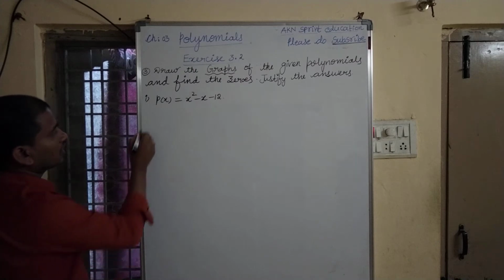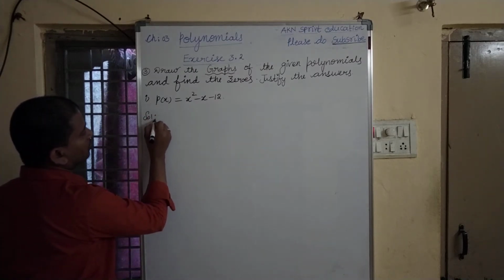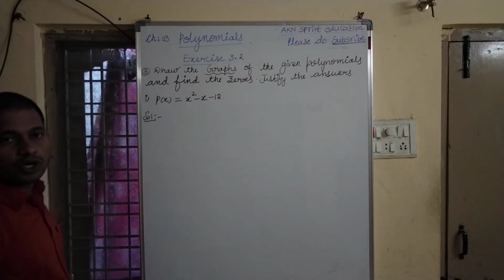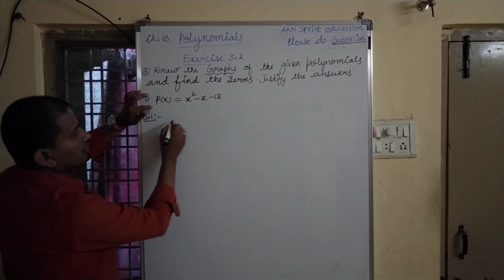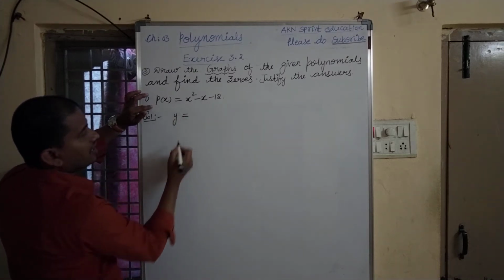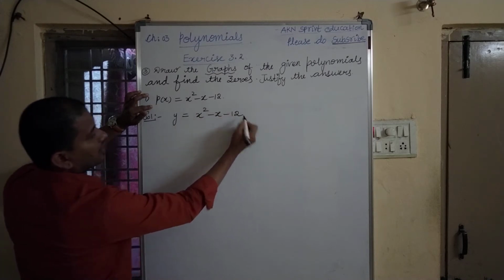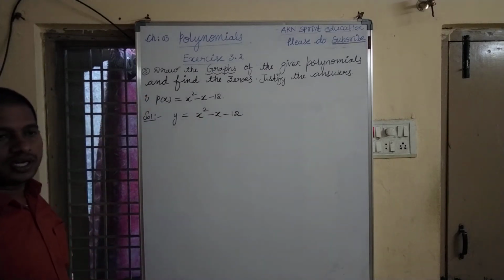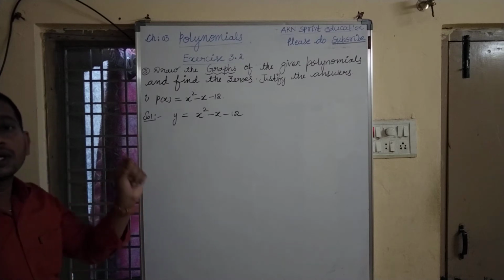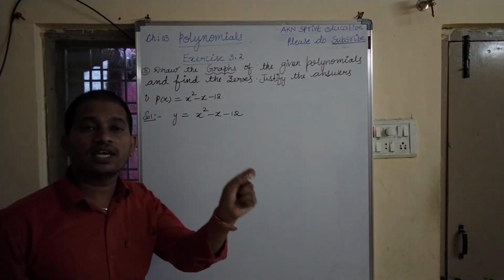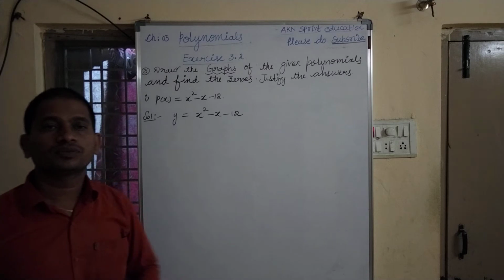Consider the given polynomial p of x; we can also write it as y equal to x square minus x minus 12.